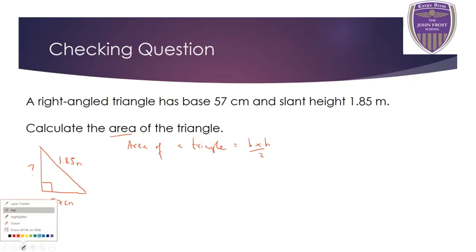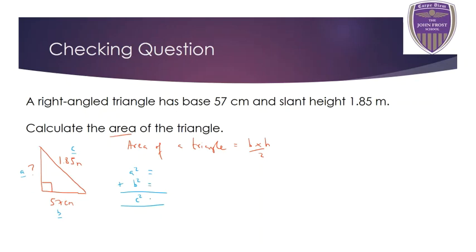I can use Pythagoras because this would be C, this would be A, this would be B. So I know now that A squared add B squared equals C squared. I can't work out A squared just yet. B squared is 57 squared, and 57 squared is 3,249.